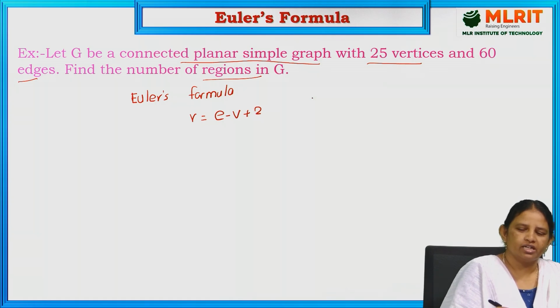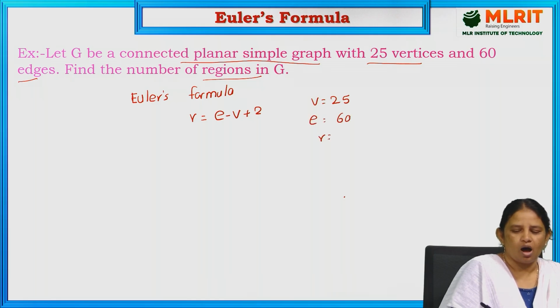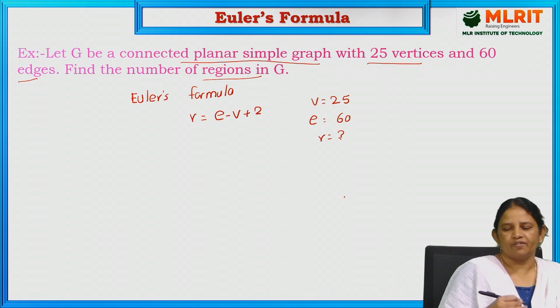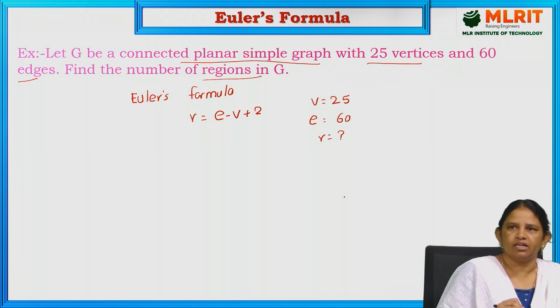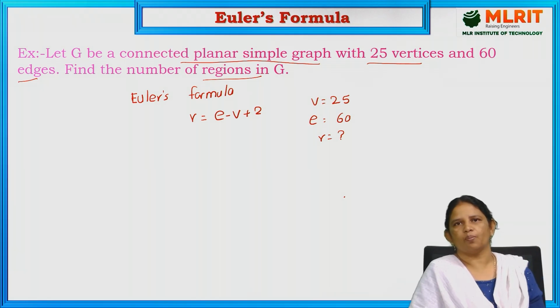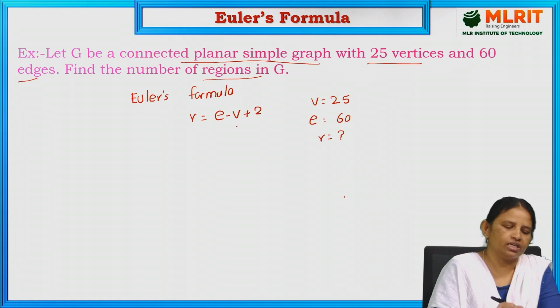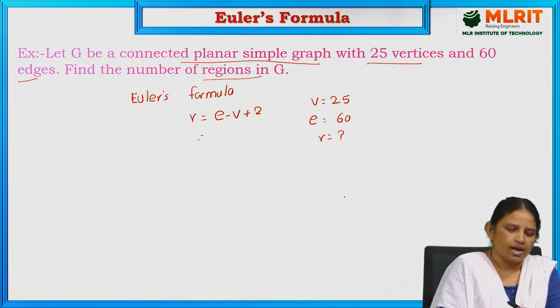How many vertices are present? 25 vertices. How many edges? 60. We need to find the R value. Only vertices and edges are given, so directly we apply Euler's formula R equal to E minus V plus 2. Edges is 60, number of vertices is 25, plus 2. 60 minus 25 is 35, plus 2.